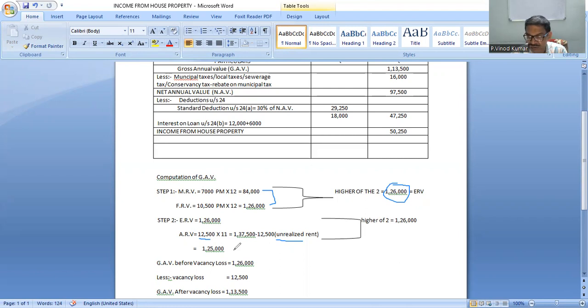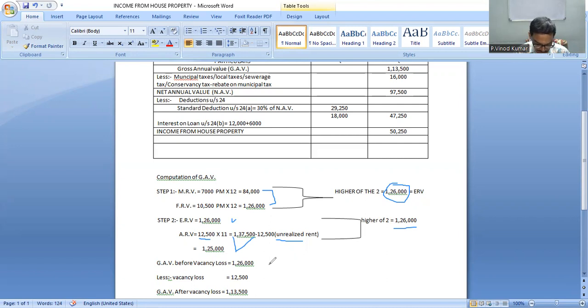Then from that value, 1,37,500, you have to minus the unrealized rent. Then you get actual rental value. And higher of these two, 1,26,000 and 1,25,000, will become 1,26,000. That is called the GAV before vacancy loss, because the house remained vacant for 1 month.